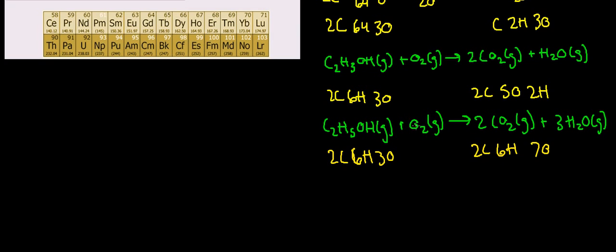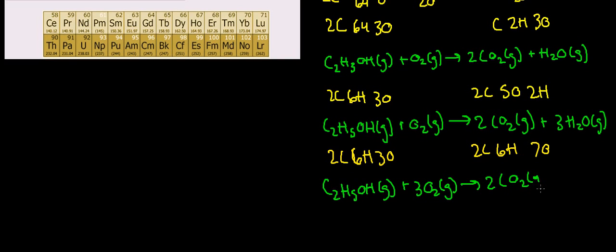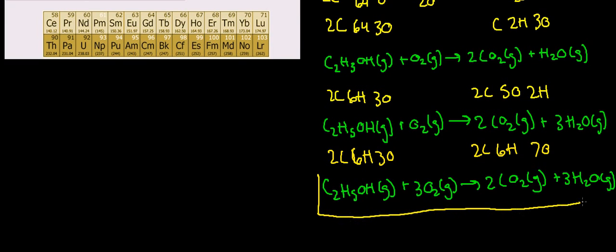That way I'll have 6 oxygens here and then 1 oxygen here, which will be a total of 7. And this is the balanced equation.